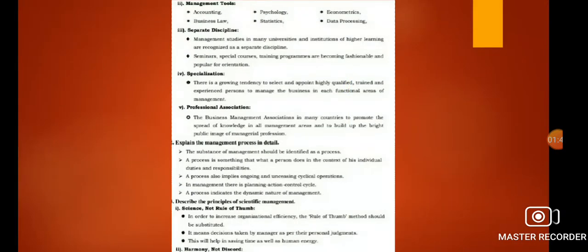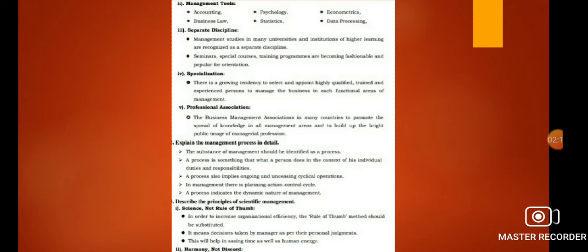Second one, management tools. It means tools of management have been developed such as accounting, business, law, psychology, statistics, econometrics, data processing, etc. So these are all the management tools. Then separate discipline. Management studies in many universities and institutions of higher learning are recognized as a separate discipline.